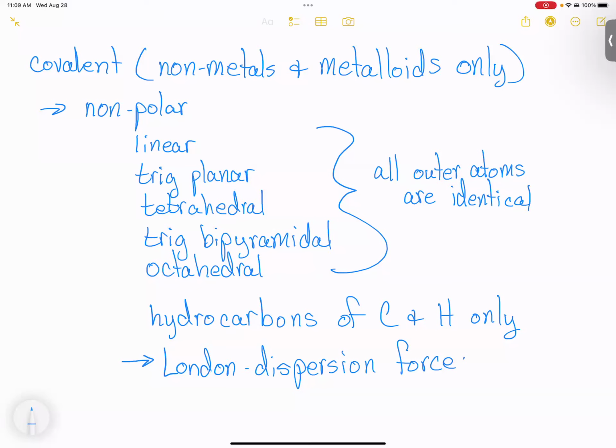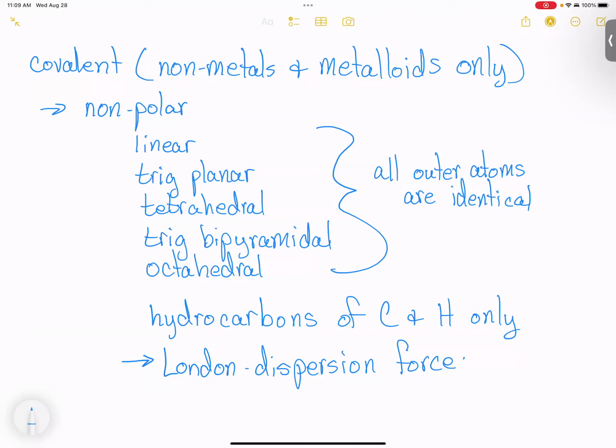Now, what is a London dispersion force? I think I alluded to this in my video, but basically you can think of it as a wave at a sporting event. Your hands represent the electrons. Most of the time, your hands are between your feet and your head. Electrons are typically between atom number 1 and atom number 2, and they tend to stay there.